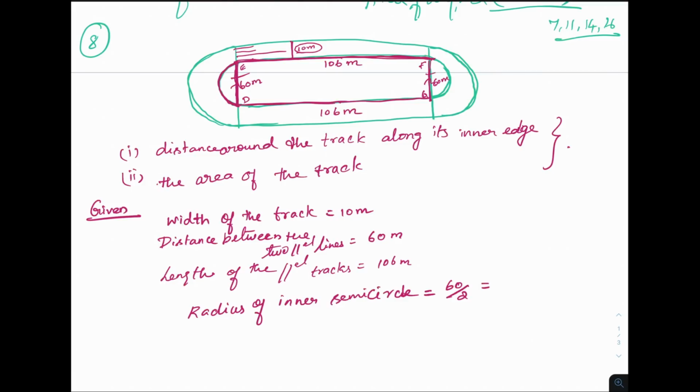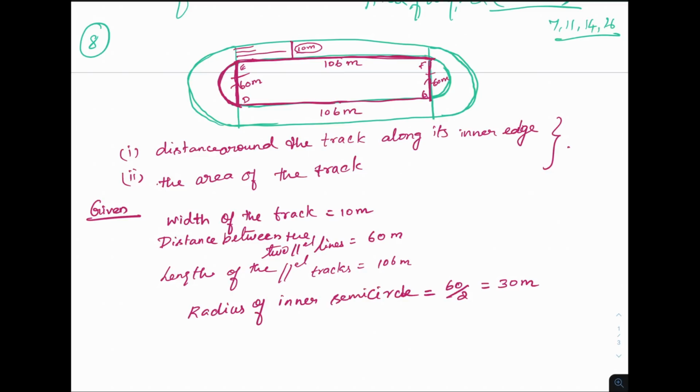So here you can see clearly this FG and DE are the diameter of the inner semicircle. So 60 divided by 2 gives 30 meter.